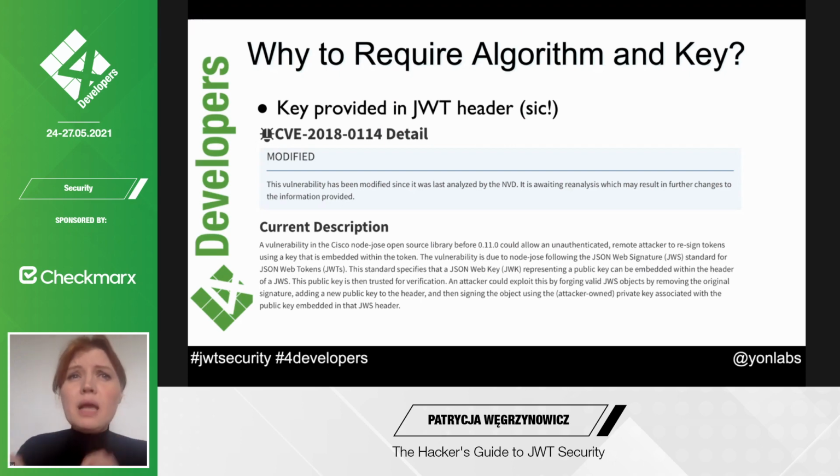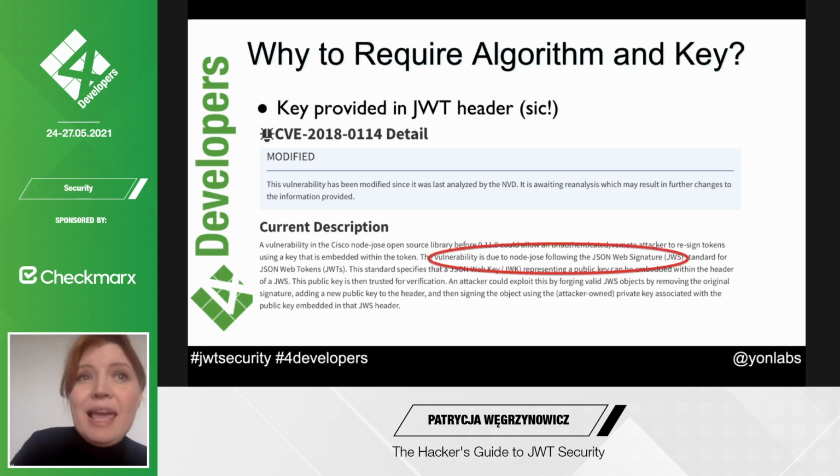And here is another reason why to require a specific algorithm and a specific key. It's another vulnerability where a hacker can provide his own public key for the server to verify a token. Actually, the library followed the standard, and that was the root cause of the vulnerability.